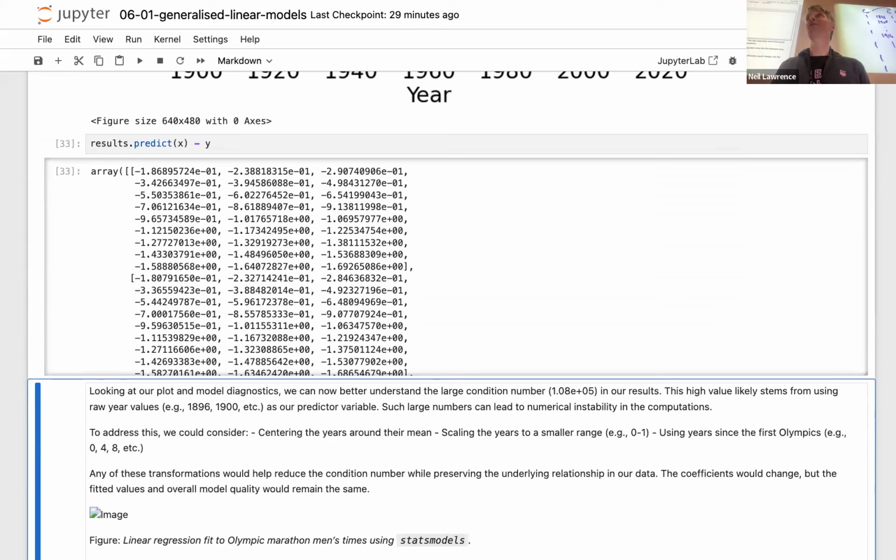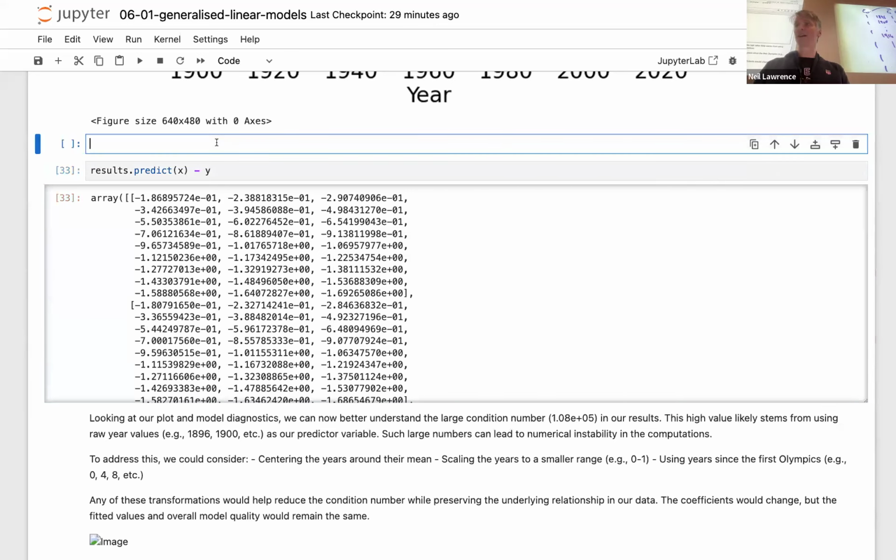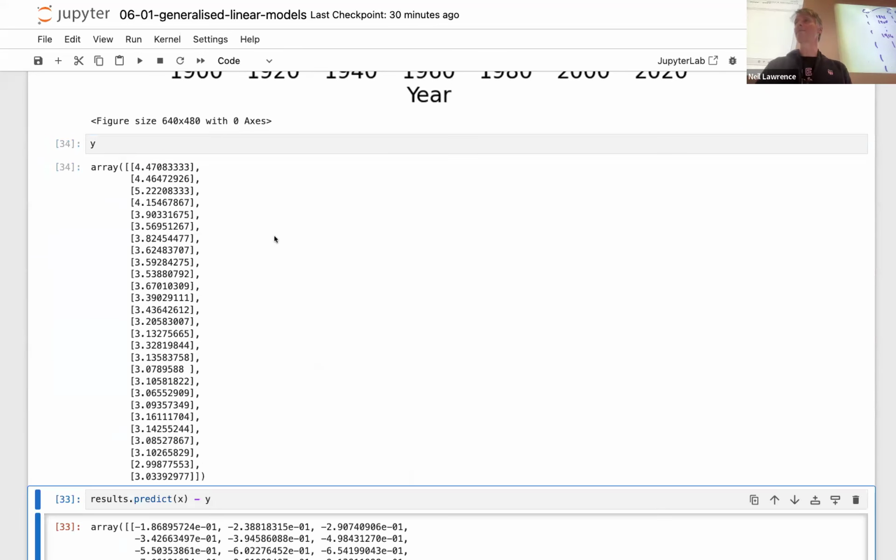Anyone know? This is a constant horror when you're playing with things in Python. Anyone notice why that has happened? I can't remember what they call this in Python. Does it give you a clue if I just show you the form of y?